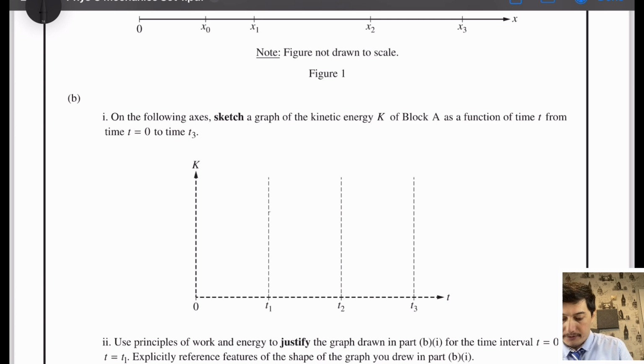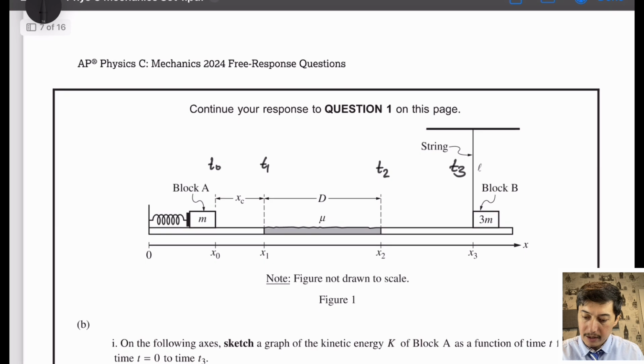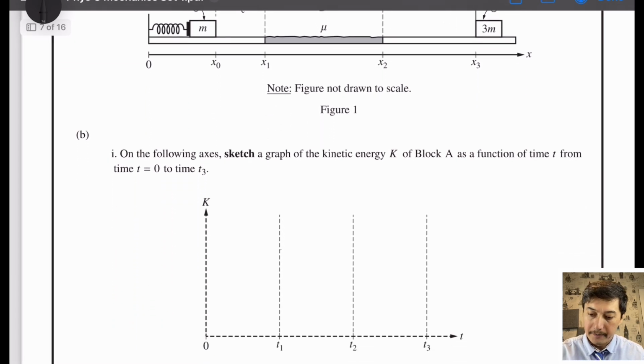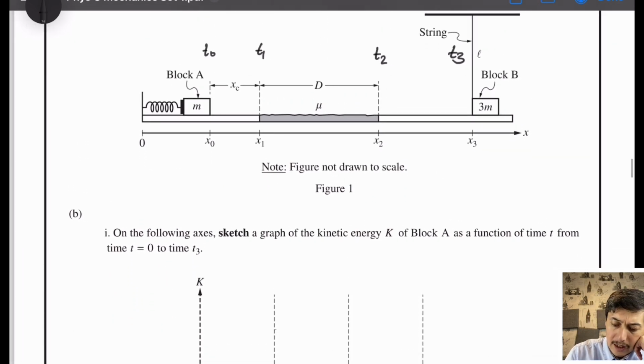So let's start with the first region from time equals 0 to T1. Now, let's remember kinetic energy is equal to half mv squared. The block-spring system is going to oscillate periodically, so the speed is going to be changing as a function of sine theta.